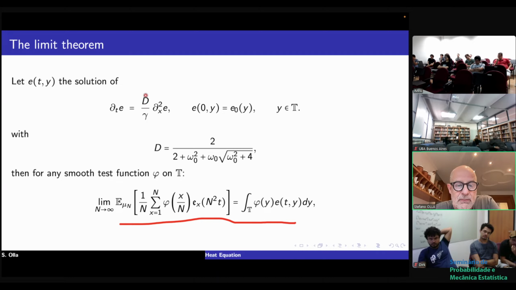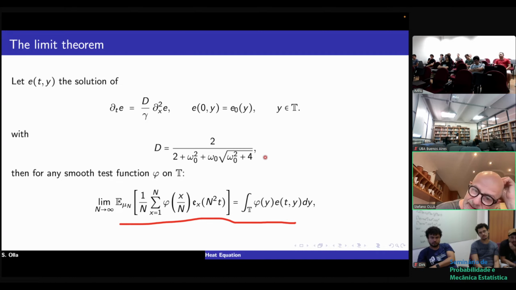The diffusion coefficient is D over gamma, where gamma is this variance that appeared in the central limit theorem for the maps, and D is explicitly computable, and this quantity depends on the pinning potential omega_0. You can see that when omega_0 goes to 0, it converges to 1, which will be the unpinned case, which I don't want to discuss here because there will be more conserved quantities.